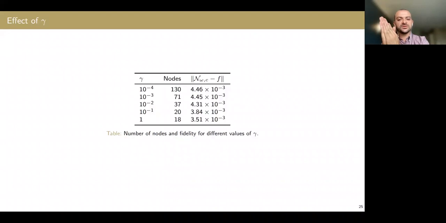As we keep increasing gamma, phi becomes more and more concave, and you find sparser and sparser networks without sacrificing your fidelity. So by making it more concave, you're not sacrificing the fidelity term, but you get an improvement in the number of nodes.